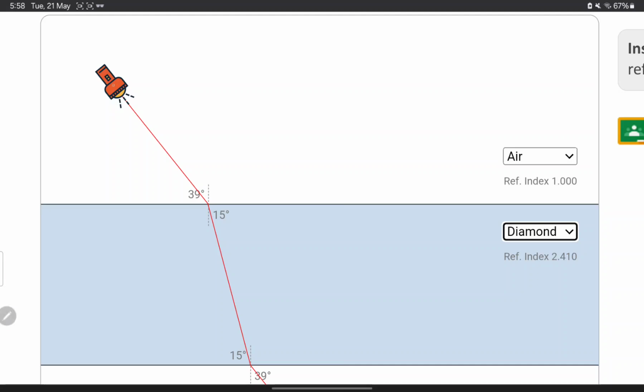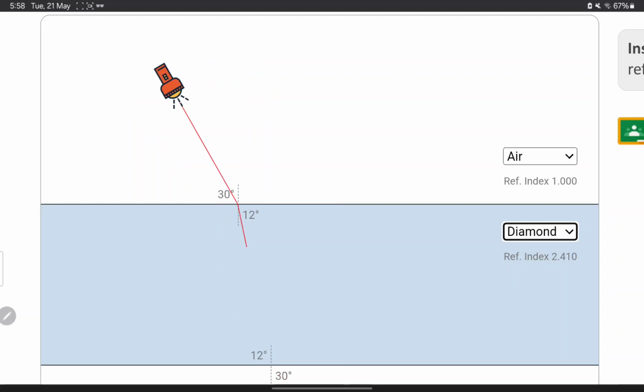Now I can change the angle by which I shine my light, and then the respective refractive angle also changes, right? Now what happens if I approach this incident angle to 0 degree?